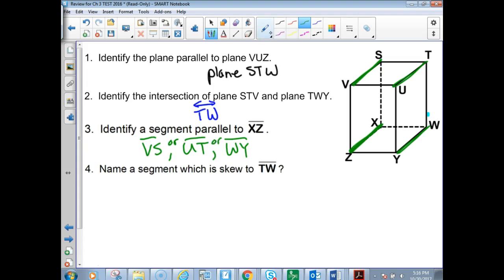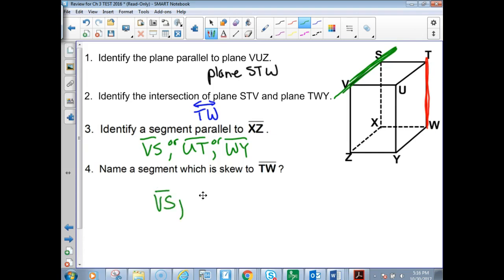Name a segment skew. The concept of skewness is non-parallel lines that do not intersect. Okay, so if you're talking about TW right here, and you want a line that would never run into it, but is not parallel to it, meaning it can't be SX, UY, or VZ, something such as VS would work because it's going to keep going and never run into that.